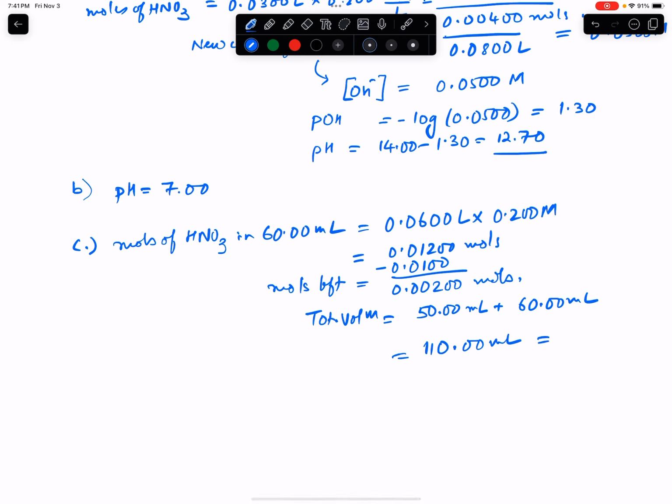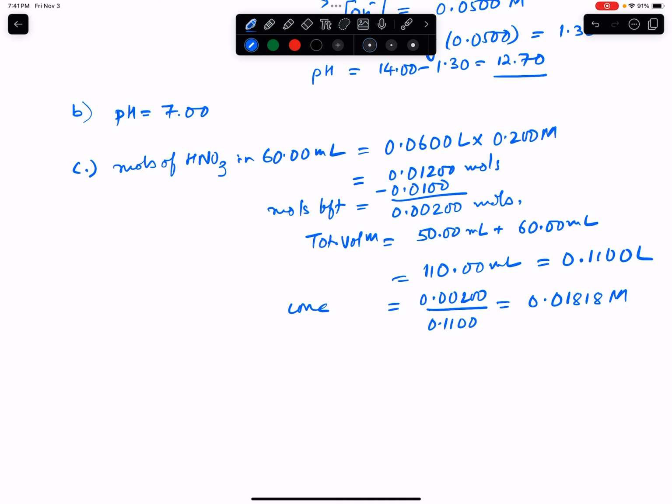We convert that to liters. That's 0.1100 liters. So the concentration is moles over liters: 0.00200 divided by 0.1100, which is equal to 0.01818 molar.